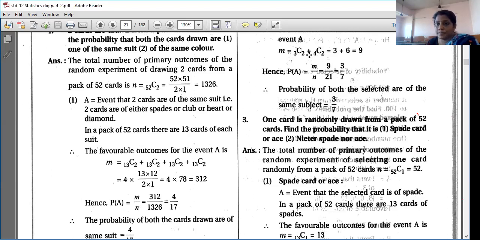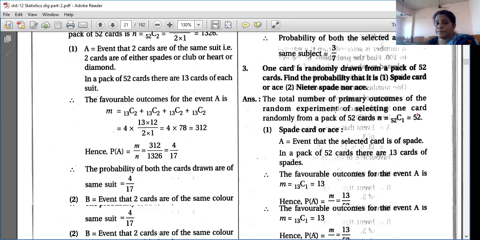Right, plus kiya hai. At a time we have selected both. Two are to be selected, they told to select 2, and we have selected from statistics also two, plus mathematics two. These both are the conditions in or. Okay, either it can be statistics or it can be mathematics. So 3 plus 6 is 9. So your P of A is m upon n, that is 9 upon 21, that comes to 3 by 7. So what is your statement? Therefore, the probability of both the selected books are of the same subject is equal to 3 by 7.